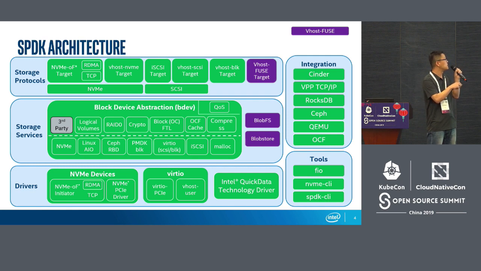Above that, we have storage protocols, the NVMe target. In the previous topic, we already talked about that. In vhost, we have vhost dynamic, and today we're talking about the vhost fuse target. This is a user state implementation, and we also have Blobstore, which is a block management layer.